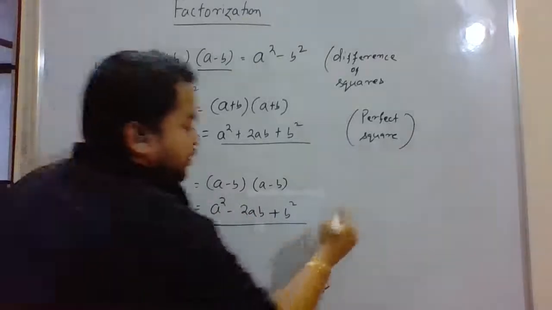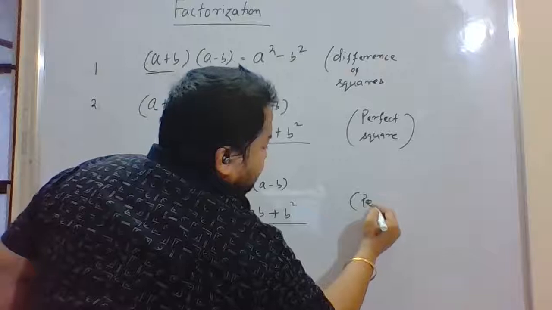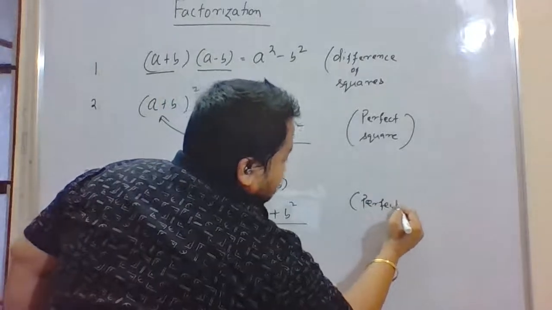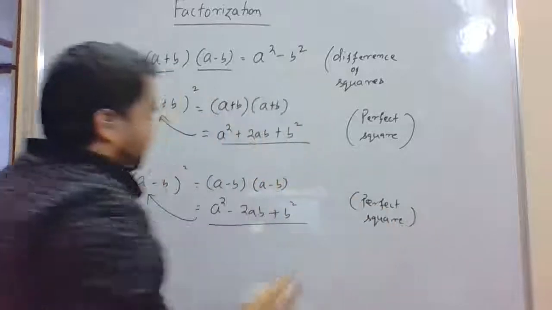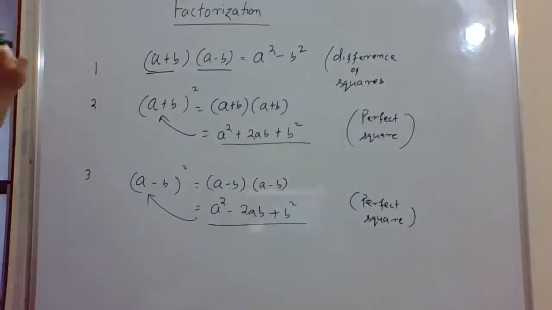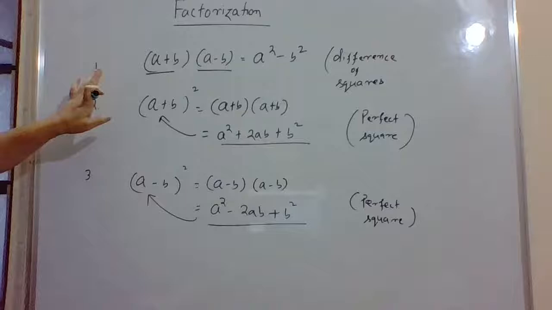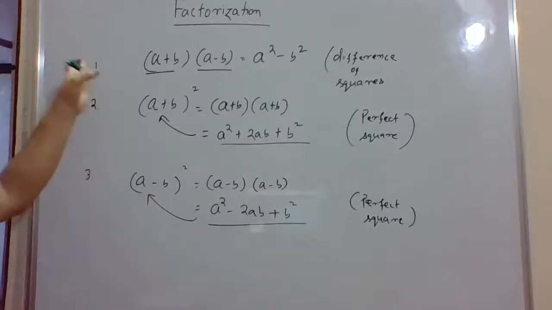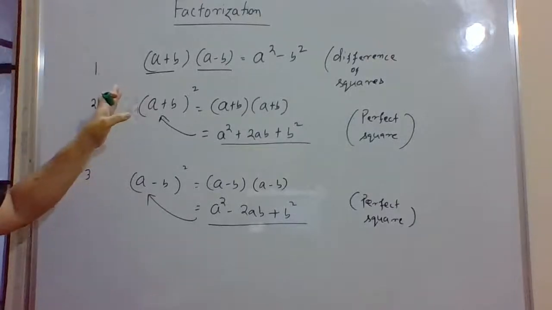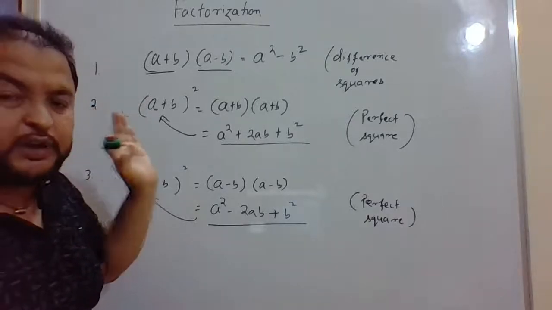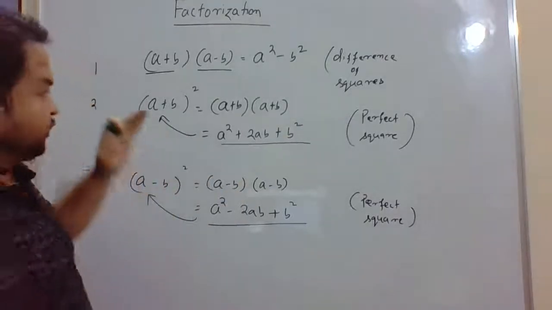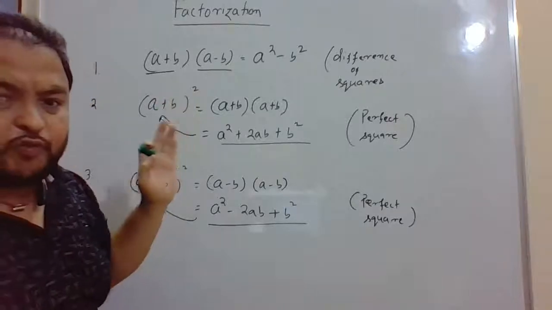And this is also called a perfect square. So today we will concentrate on these three forms, and there is one more which is even more primitive to this, where we will remove the common terms. So we will concentrate on these four forms today.